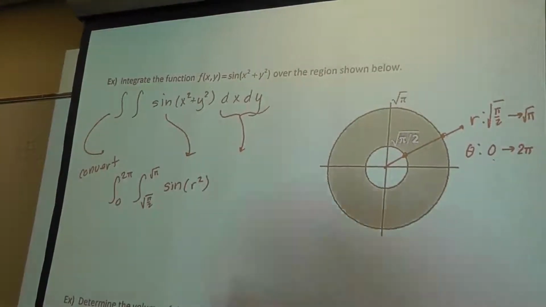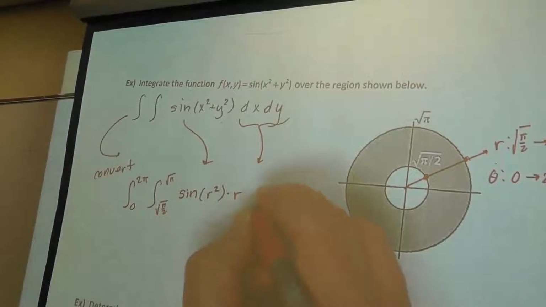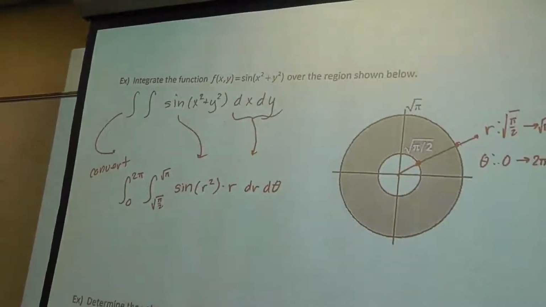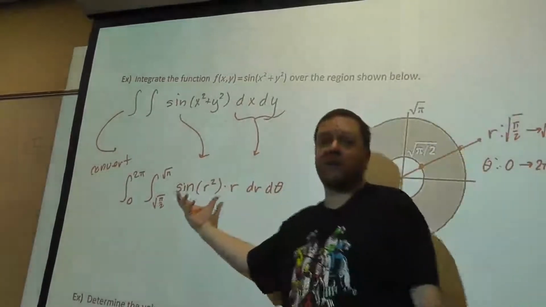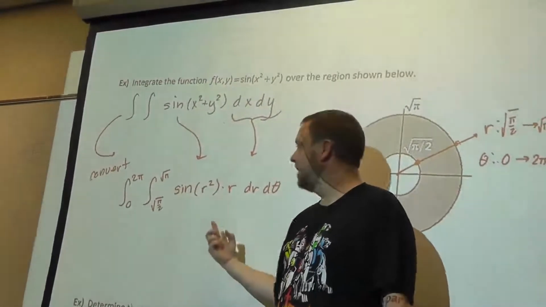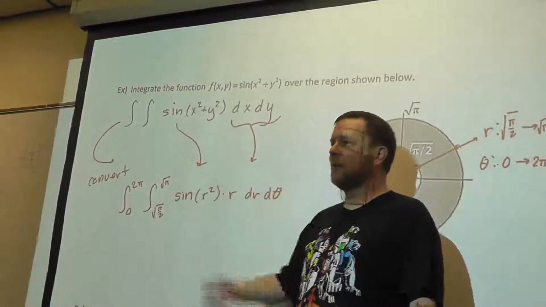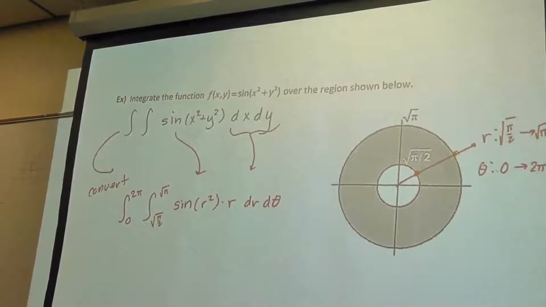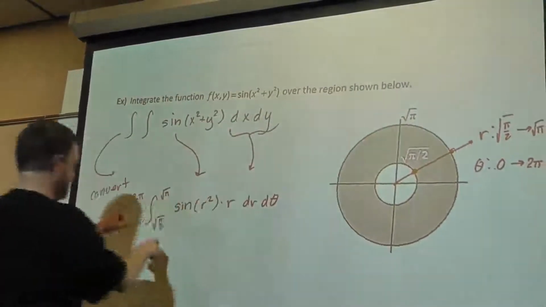So dx dy here becomes r dr d theta. And yes, that is an r variable that is intended to be incorporated with this function for integration. You integrate this with respect to r, and then go back and integrate whatever's left for theta. But here's something else that's kind of cool. Look at these limits.